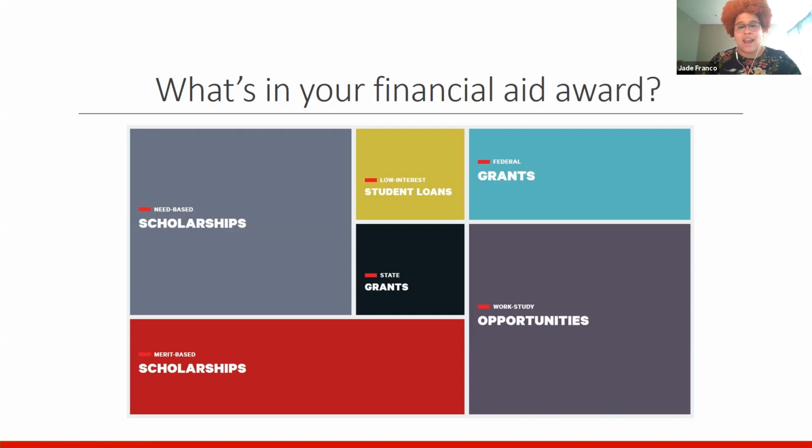Federal grants and federal loans are also a form of financial aid that you can use towards the cost of attendance. Work study is an offer from the federal government, which allows you to earn some funds that you could then use towards your expenses on campus. All these things together can constitute a financial aid offer.